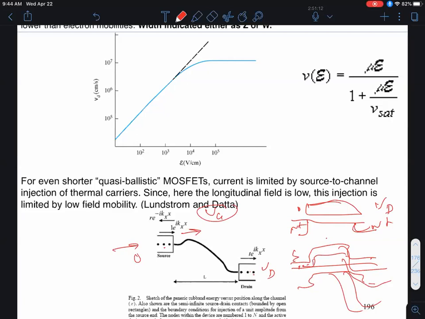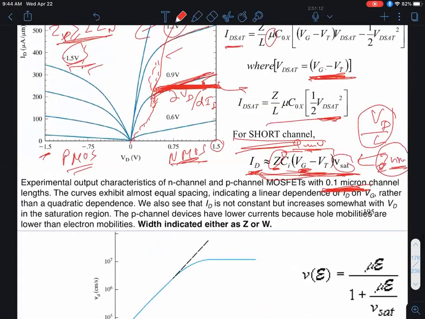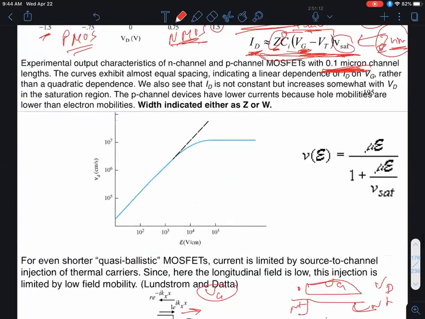Now, obviously, what you'd want in a good transistor is that it is the gate which should control the source to channel barrier, right? Not the drain. But in a short channel device, we'll see in the next couple of slides, unfortunately, that's what happens. That's an effect known as drain-induced barrier lowering, which is responsible for this lowering of the output impedance, okay?